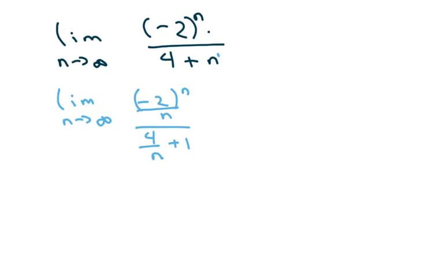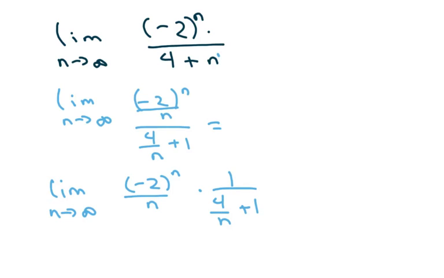I don't think that's supposed to be there. So when you write this out, you're going to get the limit as n approaches infinity of negative 2 to the nth power over n times 1 over 4 over n plus 1.